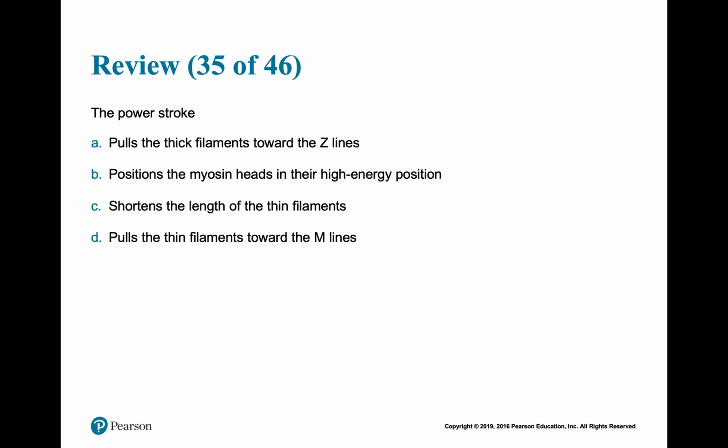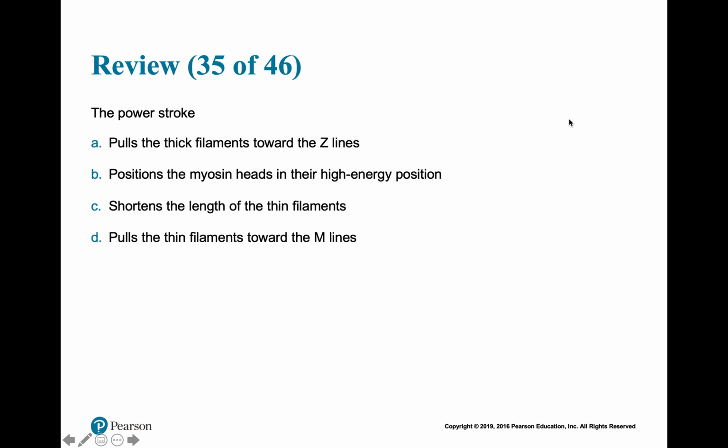The power stroke pulls the thick filaments towards the Z lines. Oh, wait, are thick filaments being pulled during contraction? No, it's the thin filaments. And towards the Z lines, we know that the actin filaments are slid in towards the M line.